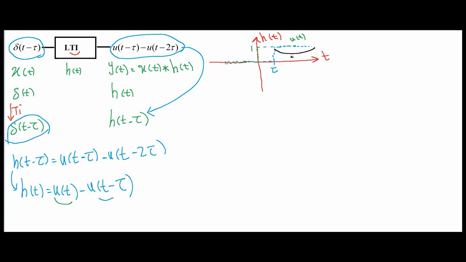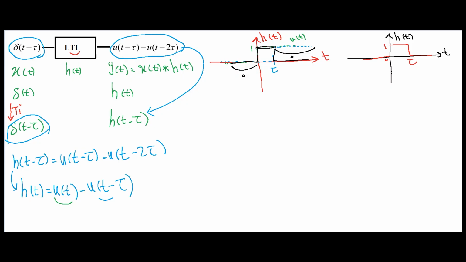If we subtract these two functions, we get a rectangular pulse that is equal to 1 from 0 to tau and 0 elsewhere. So, h(t) is equal to 1 for t between 0 and tau and 0 elsewhere.